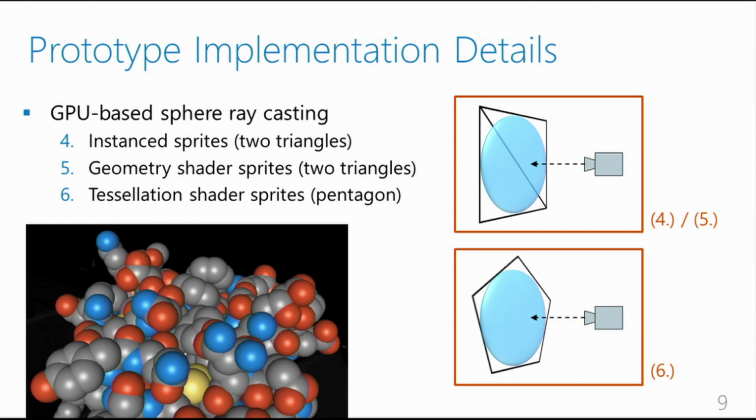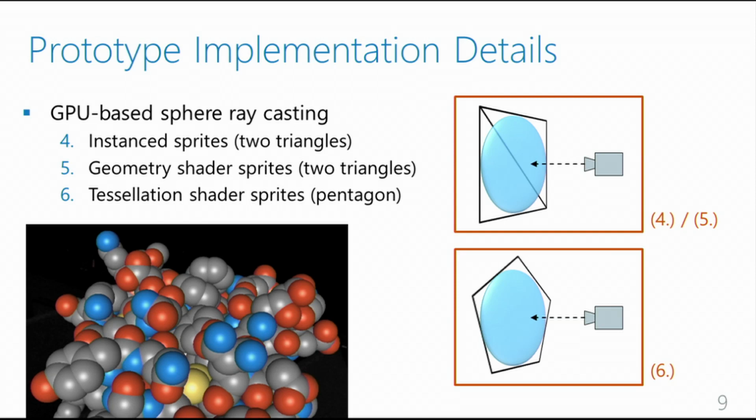The second option is to use the geometry shader. The geometry shader, similar to the tessellation shader, can also generate triangles on the fly on the GPU. So here we generate these two triangles on the GPU. And the last solution is using the tessellation shader. Here, we create a pentagon. Why a pentagon and not two triangles? As you can see, in the pentagon case there's less empty space in the corners.